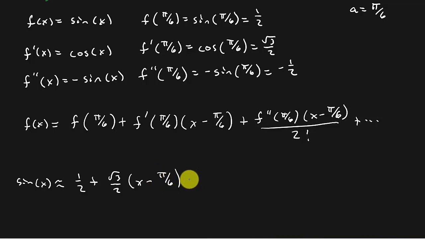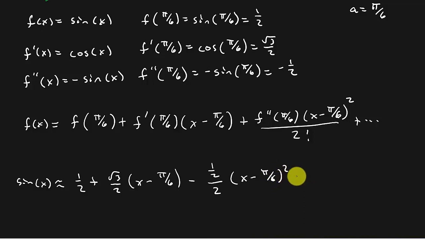Let's see. Plus f double prime of pi over 6, which is negative 1/2. So that's going to be minus 1/2 over 2 factorial, which is 2. Whoop. And this should be squared. I left off my squared there. And that's going to be times x minus pi over 6 squared.